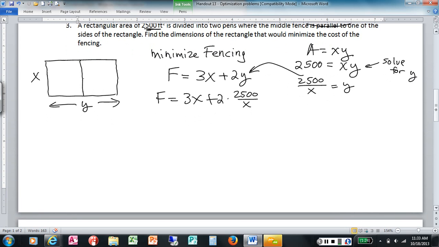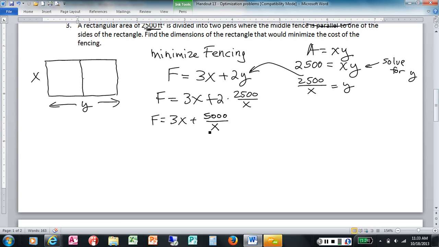So far, so good. Well, that's F equals, let's go ahead and clean that up a little bit. F equals 3x plus 5,000 over x. For purposes of what I want to do with that, I want to take the derivative of that.